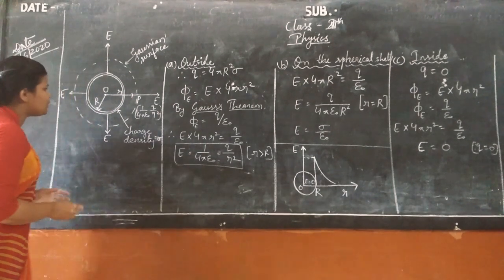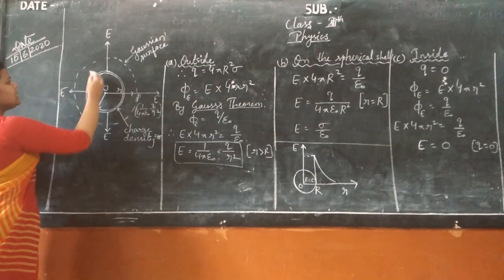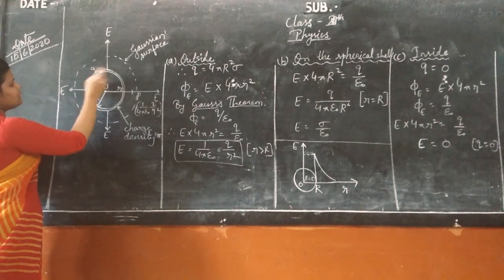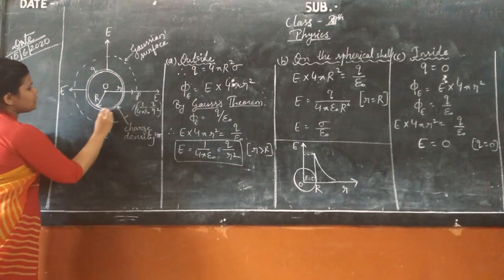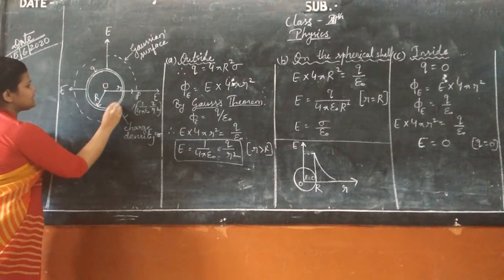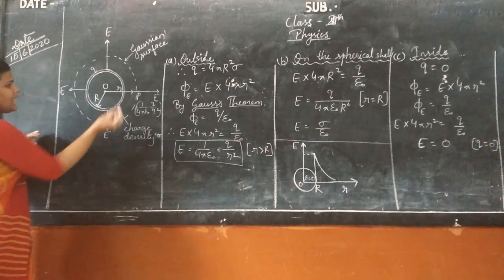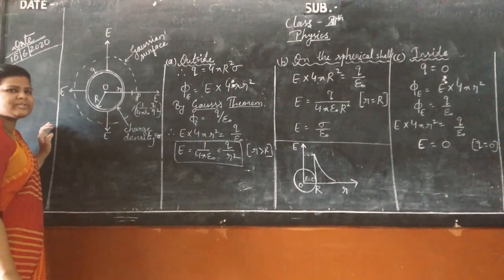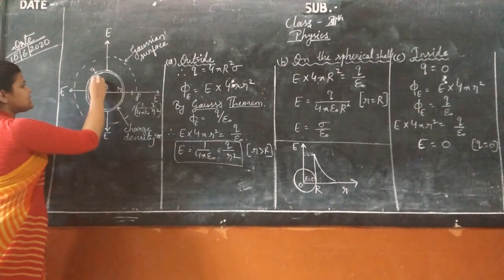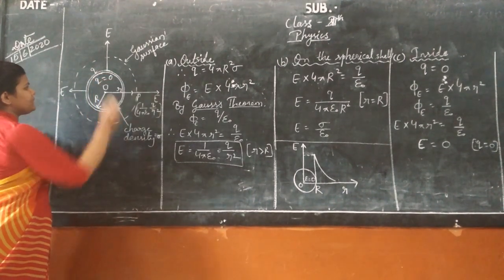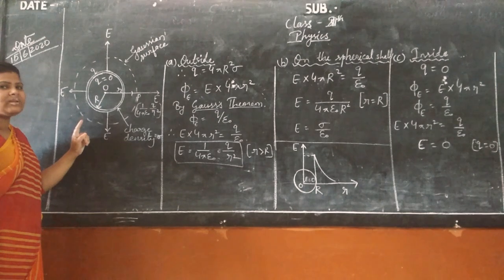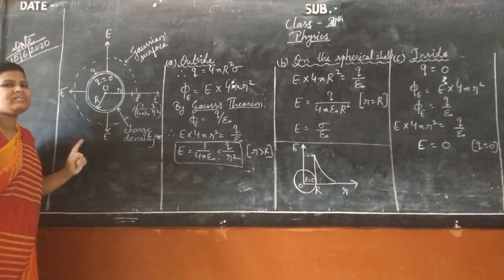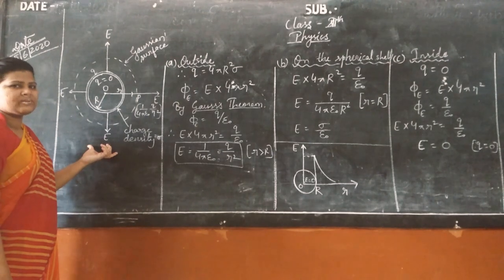So suppose we have given Q charge here. This charge Q will be distributed over the surface of this shell. And inside the shell, what will be the amount of charge? This will be 0. Why it will be 0? That I have explained already. So you must visit previous lectures to understand it.